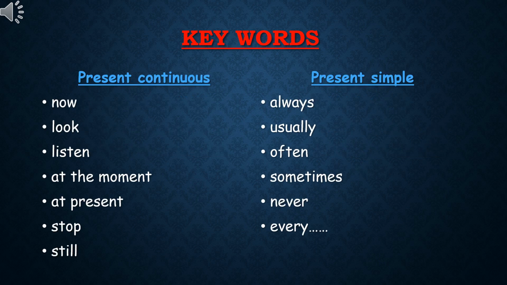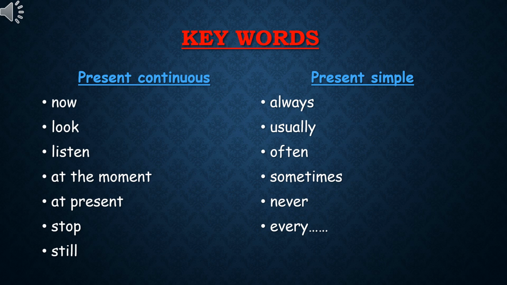The most important part, how can I know that I'm going to use the present continuous tense or the present simple tense? We have some keywords to let us know whether we are going to use this tense or that one.